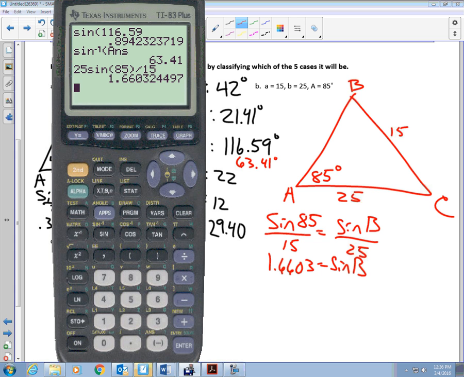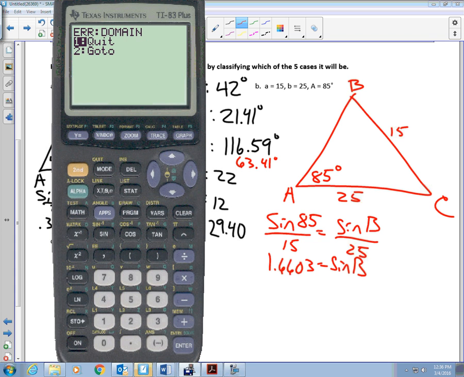Is that a possible solution? If you go sine inverse of that answer, you get a domain error. It doesn't like trying to take the inverse sine of that. It can't do it because sine's never equal to that.